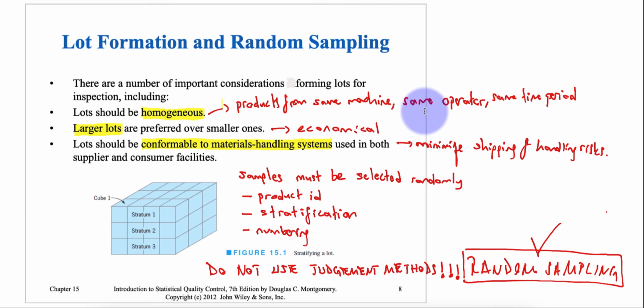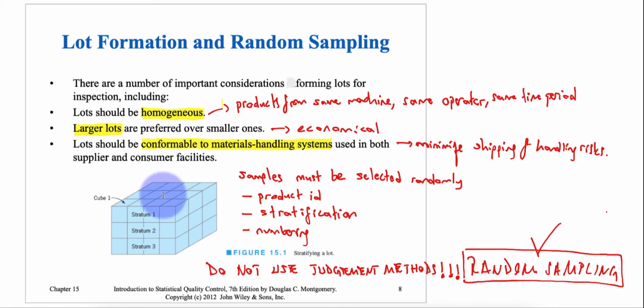For example, one of them is stratification. Stratification is making cuts, making layers on the lot. So this is the stratification. We are making a layer here, and these are also different layers. All right.